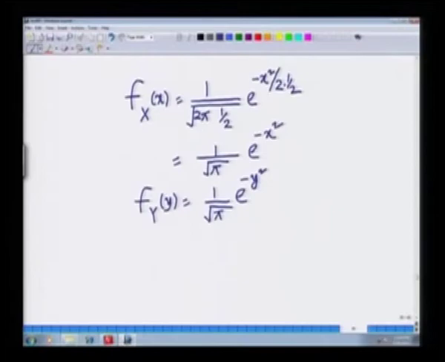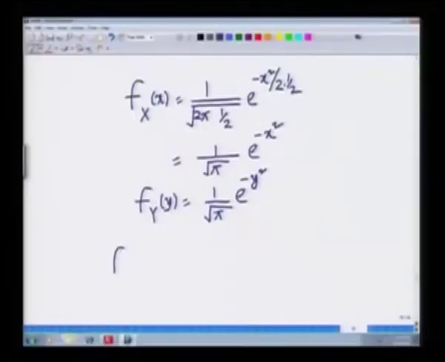All right. Now, as we assumed that x and y are independent random variables, hence the joint distribution f_XY(x, y) is simply given as 1 over root pi e power minus x square times 1 over square root of pi e power minus y square.